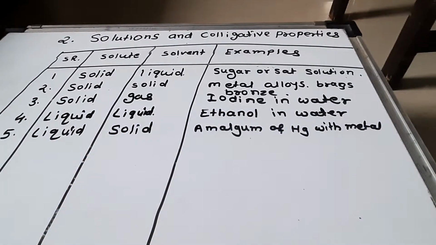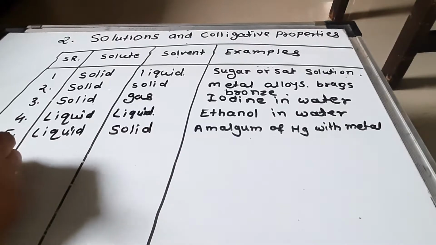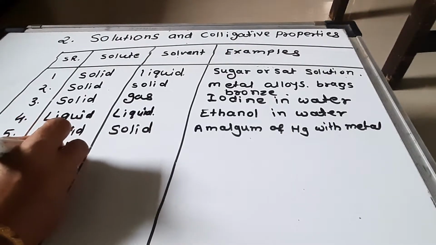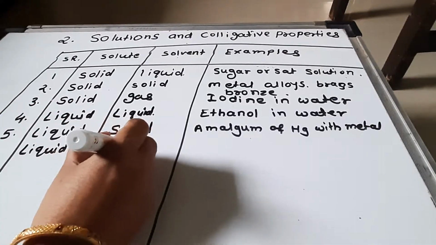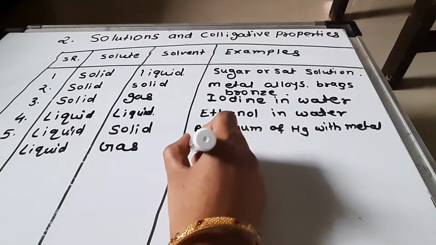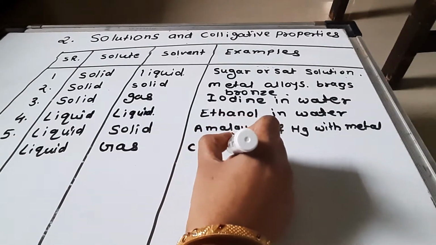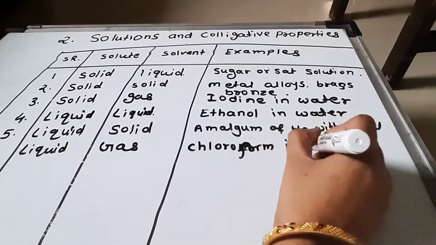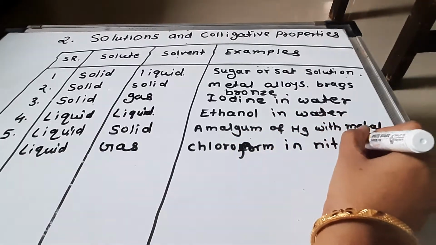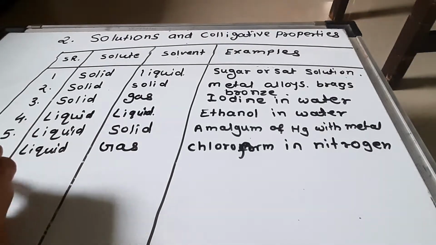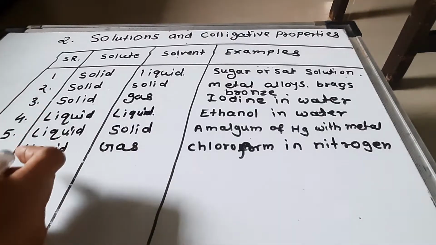Okay. Then sixth type is liquid in gas. Its example is chloroform in nitrogen. Then seventh type starts with gases.